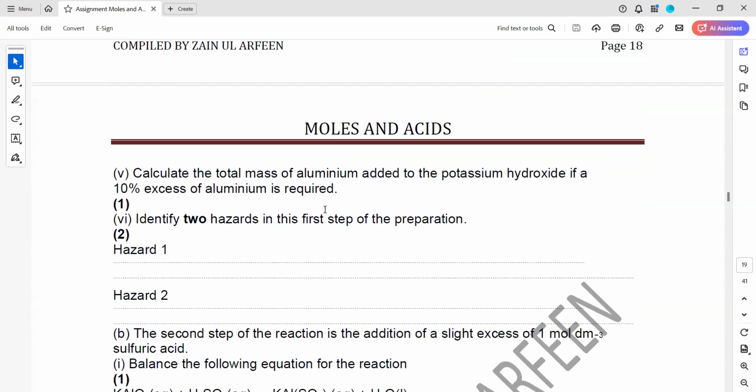Calculate the total mass of aluminium added to potassium hydroxide if there is a 10% excess. 0.54 gram was the mass of aluminium needed for the reaction. So 10% excess means 10% more. Or you can directly work out 10% excess by taking 110% of this.